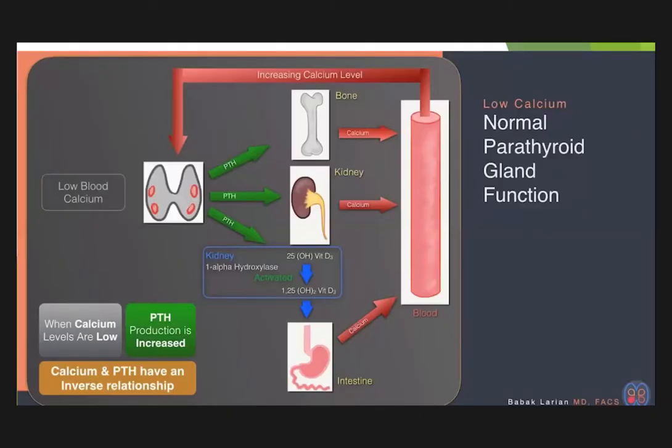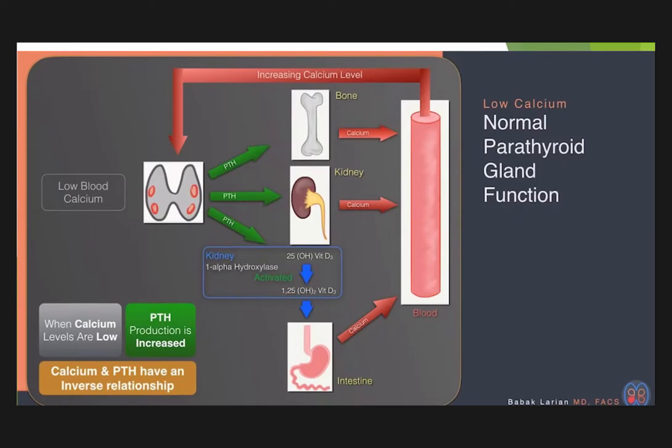So also, I think yesterday you made a screenshot of this slide. What happens if the level of calcium increases? It stimulates secretion of calcitonin. If calcium in blood decreases, this first picture shows you low blood calcium. Look at the left part.